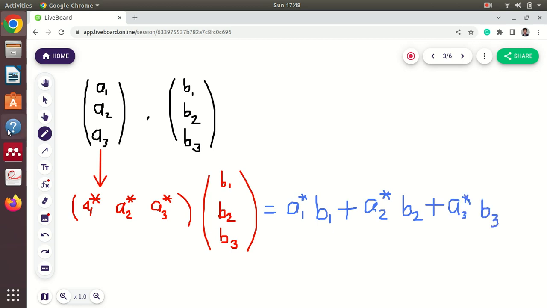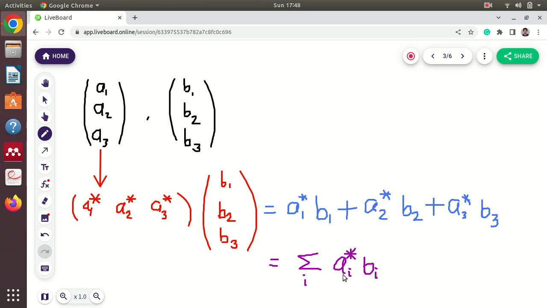Now you can see we can also write this as a linear combination of the components of these vectors. So Ai star Bi, there is a summation between this, and the summation runs over i. So i can have values 1, 2, 3.